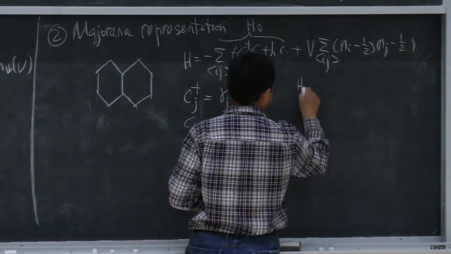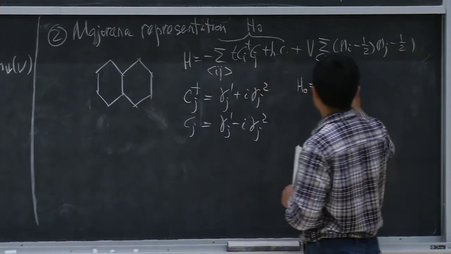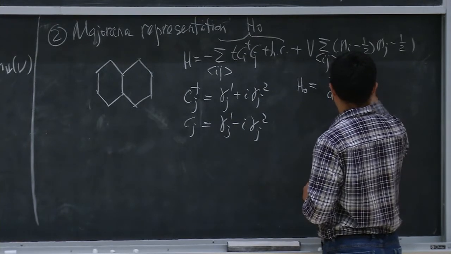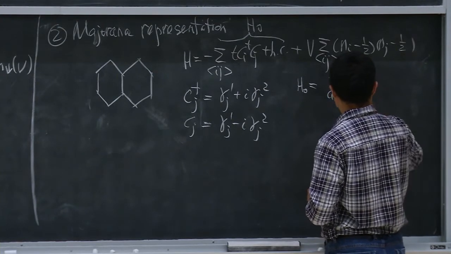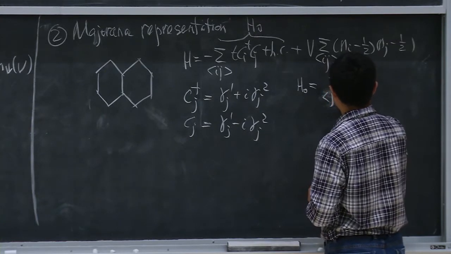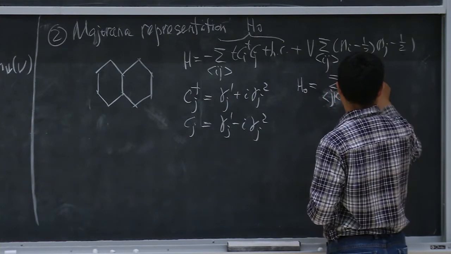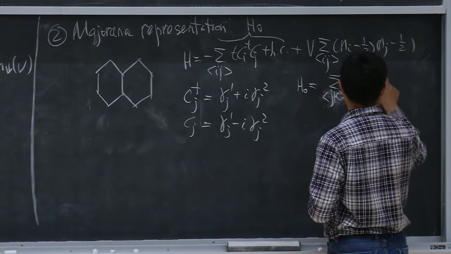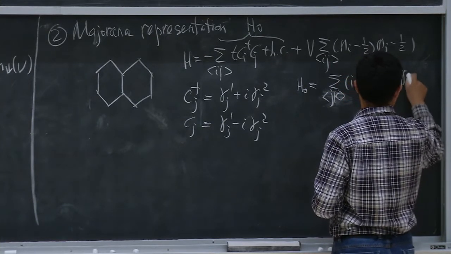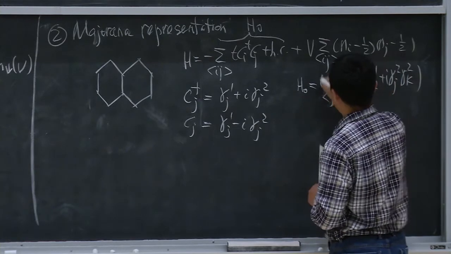H naught, in terms of this Majorana basis, can be written, sorry, on the nearest-neighbor bond JK, as i gamma_J1 gamma_K1 plus i gamma_J2 gamma_K2.